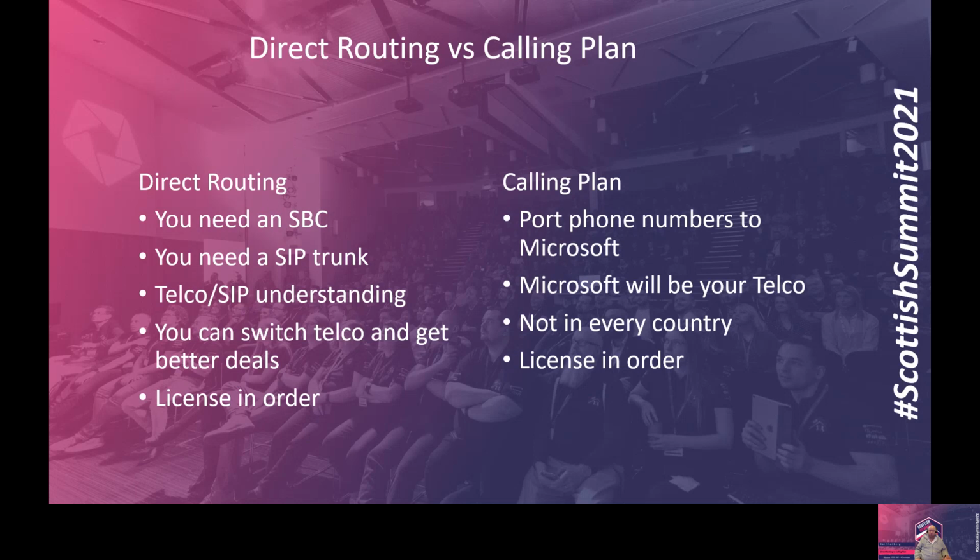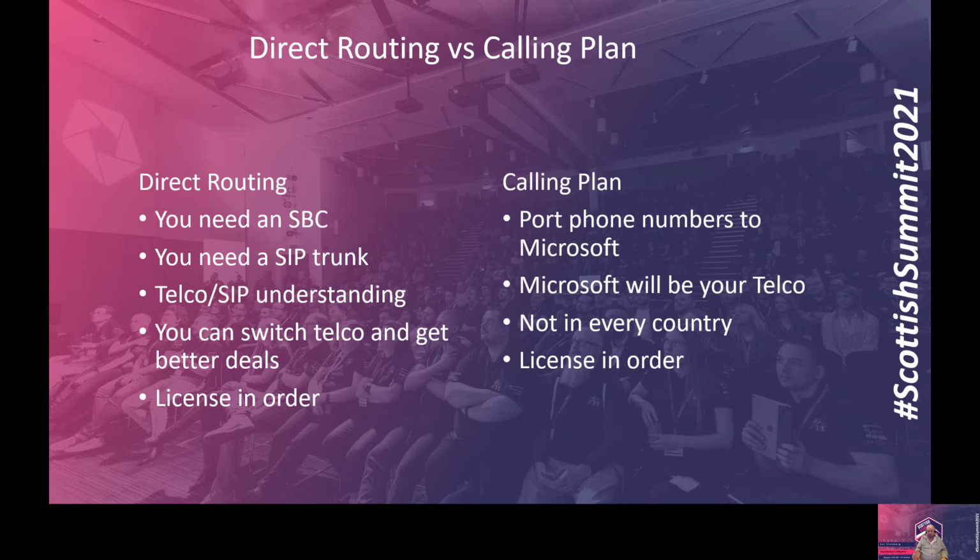Microsoft will be your telco for SIP and Teams telephony. The bad thing here is that this isn't available in every country. I will get back to you a little later in the presentation with the number of countries and where they are located, and also the prices for Calling Plan versus Direct Routing.